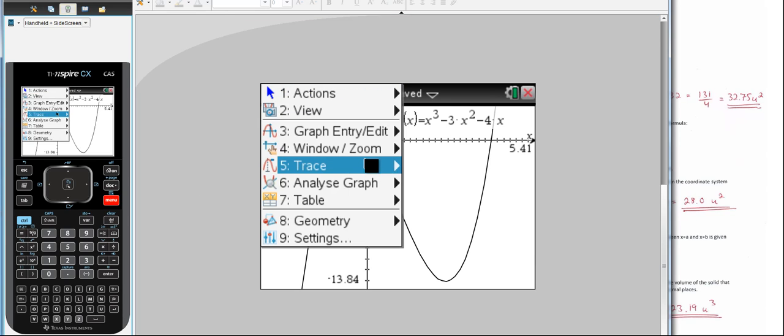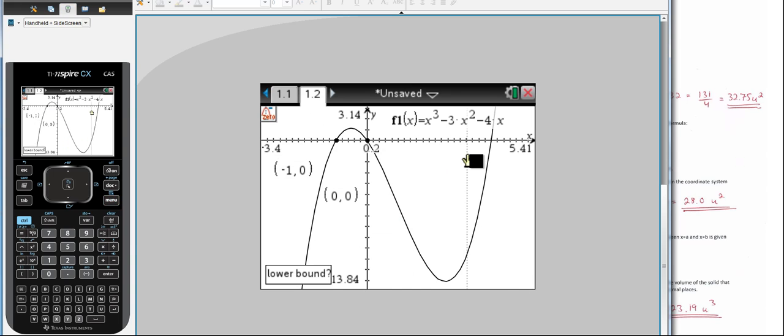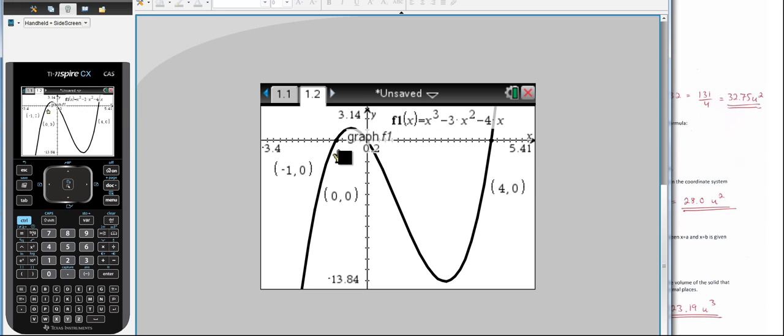The last one would be over here. So x is equal to 4. Okay, so let's find out what the integral is for the function between minus 1 and 0, and then between 0 and 4. Because here you have x is equal to 0, x is equal to 4.